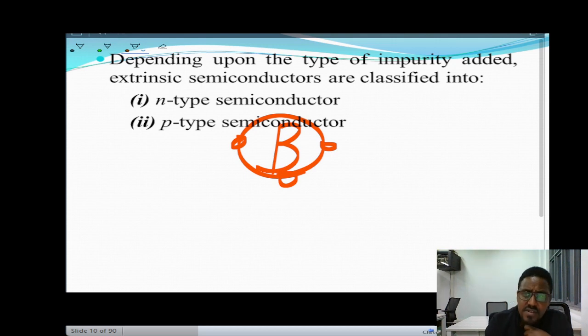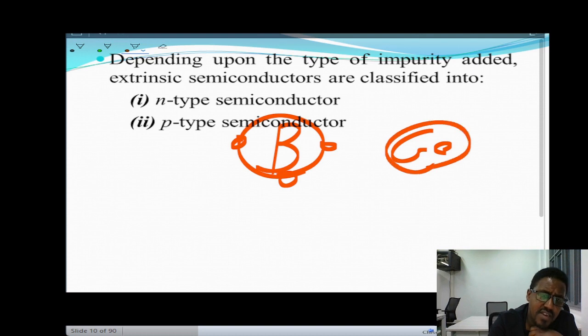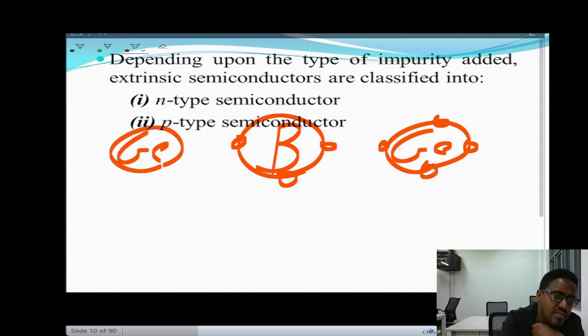When this boron is added to germanium, germanium has 4 valence electrons. Germanium is one type of intrinsic semiconductor because it has 4 valence electrons.